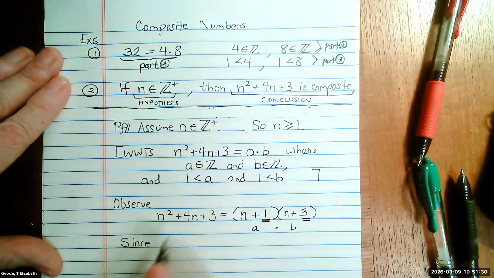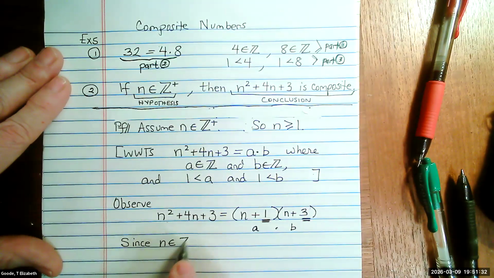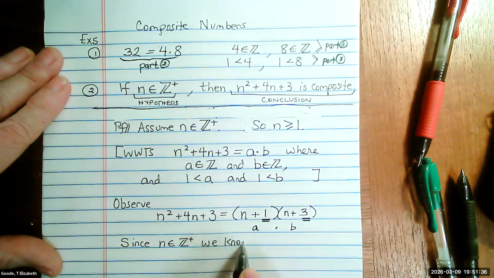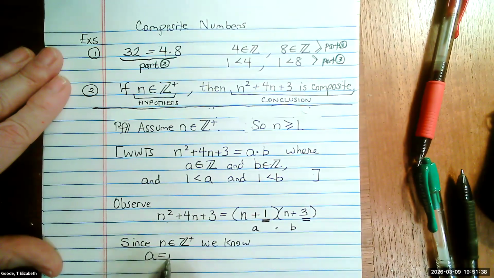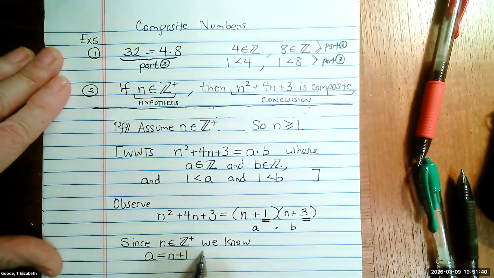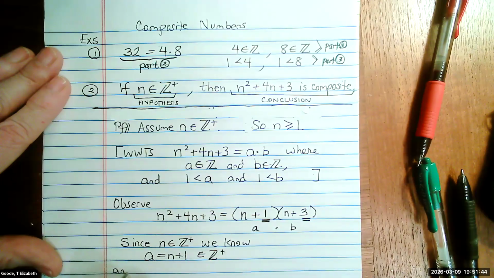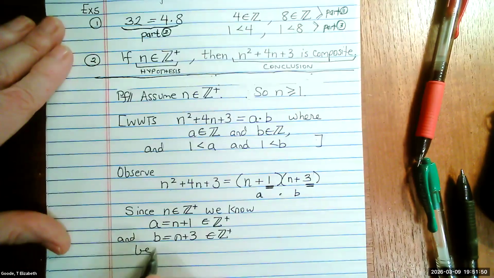Since n, and we haven't used that yet, since n is in Z plus, we know A equals n plus 1 is in Z plus, and B equals n plus 3 is in Z plus because sums of integers are integers.